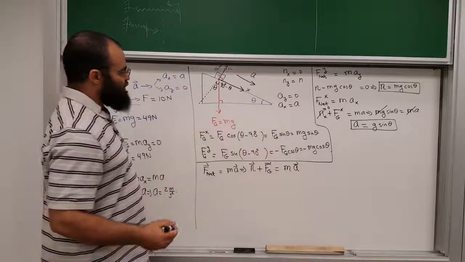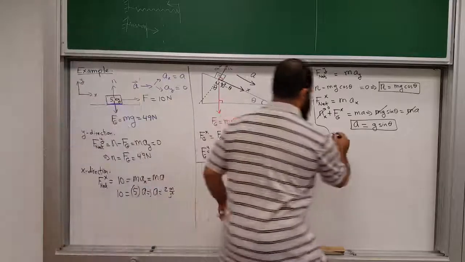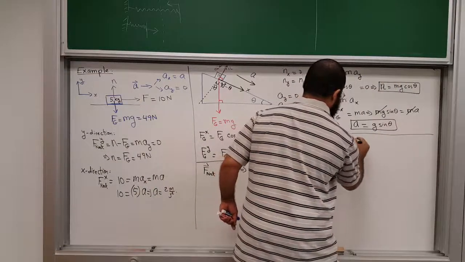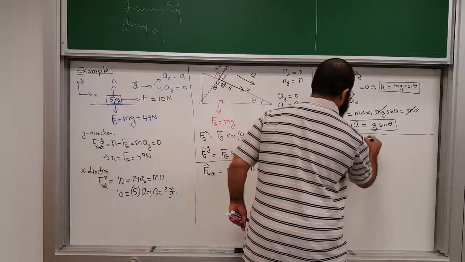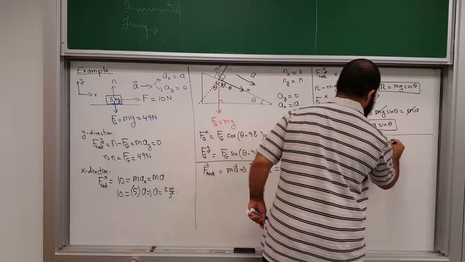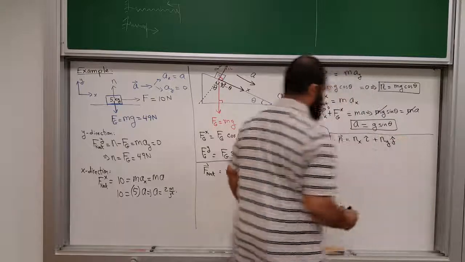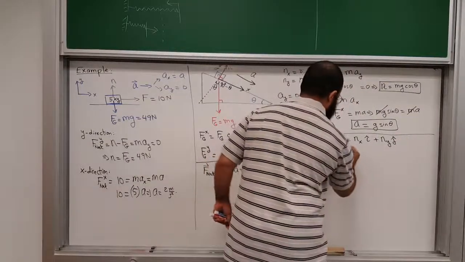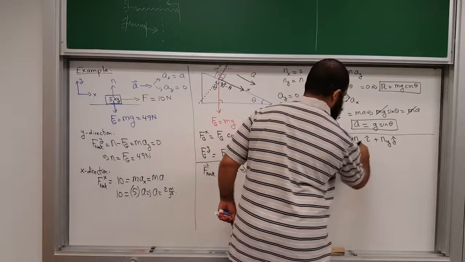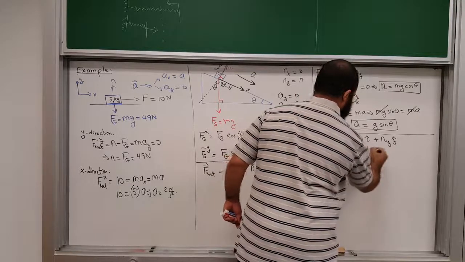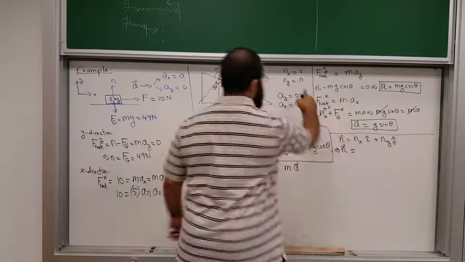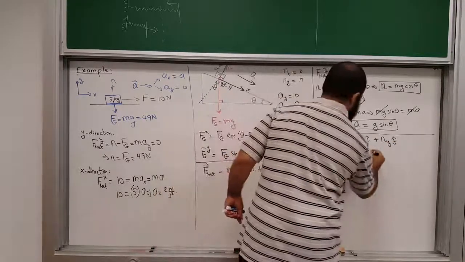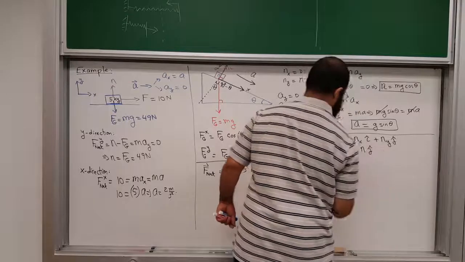The normal force would be the x component of the normal force i hat plus the y component of the normal force j hat. The x component is 0, so it's just the y component, which we call n, so it's n j hat.